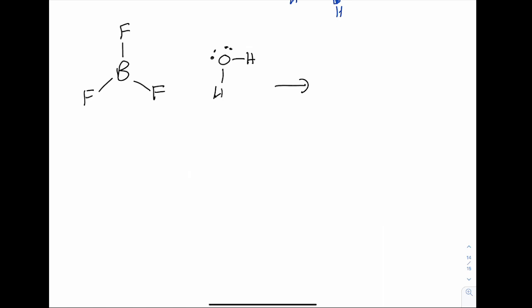And what I'm going to form, and it's going to look kind of weird. Oop, that makes no sense. That should be a fluorine. Looks even weirder if I start introducing atoms we don't have.